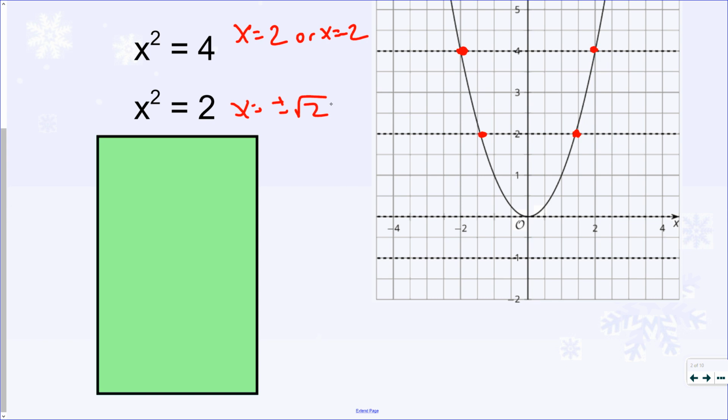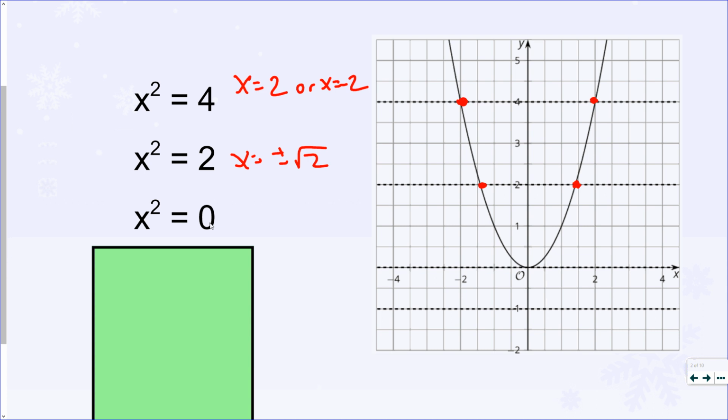And that's about 1.41. So a little bit less than 1.5. But again, you get a plus sign and a minus sign because whether you take the positive root or the negative root, you square both of those, and negative times negative is positive. So therefore, both answers work.